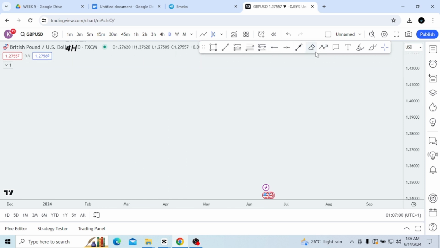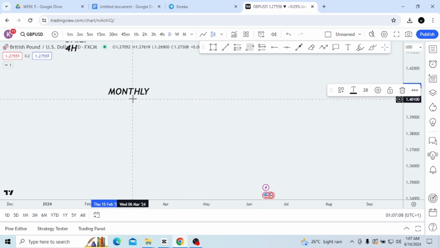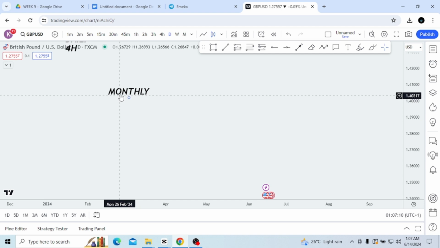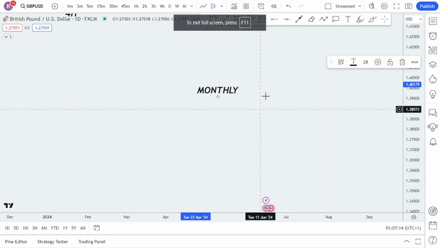So when mapping the monthly, there are certain rules you need to follow. Since the monthly is a very big time frame, you have to be very, very careful.